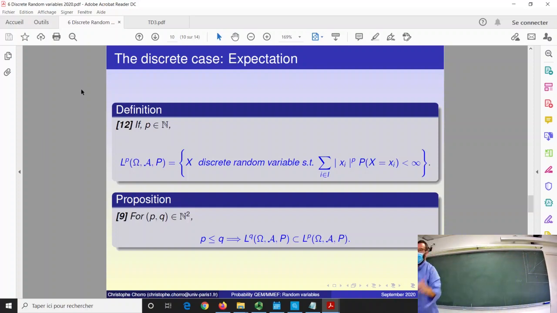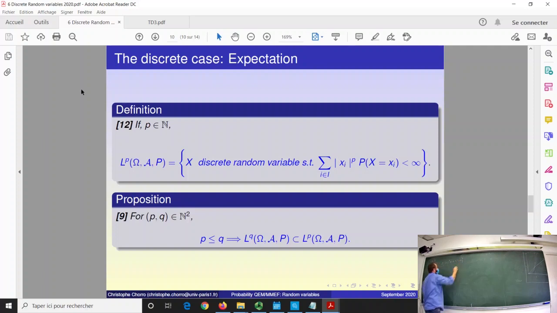If I have a look at my proposition, I have p that is less than q. Two numbers, p less than q. What is Lq? Lq is the set of random variables, RV in short, such that the sum over i belonging to capital I of |xi|^q P(X = xi) is finite.